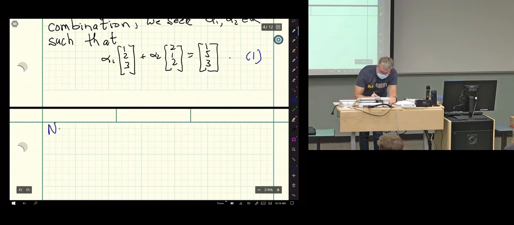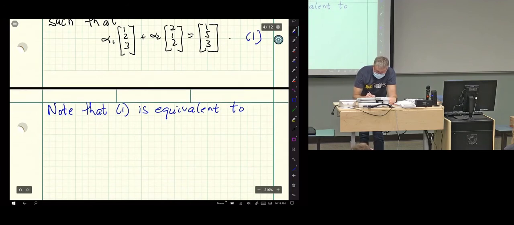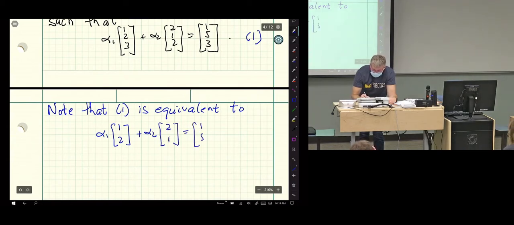Well, just note that 1 is equivalent to, we can write down this condition, alpha 1 times (1, 2) plus alpha 2 times (2, 1) equals (1, 5). We'll call that equation 2.